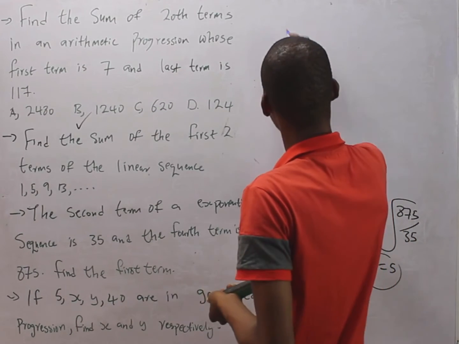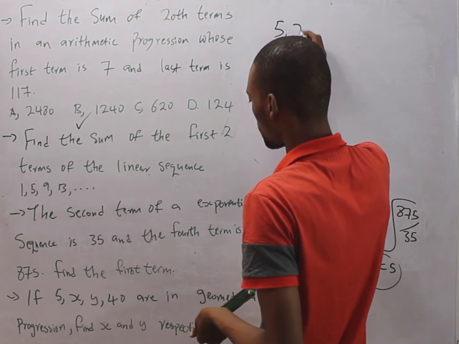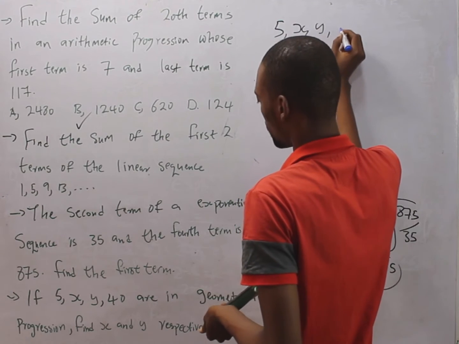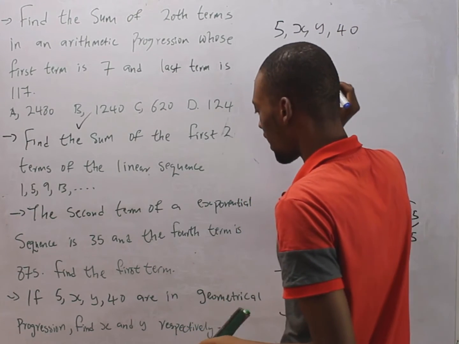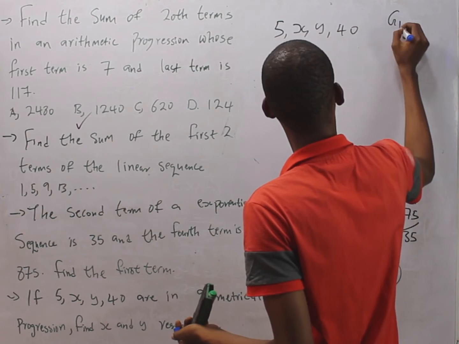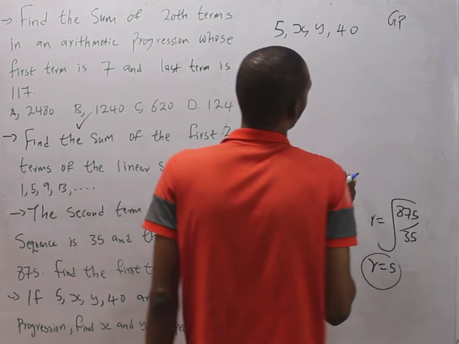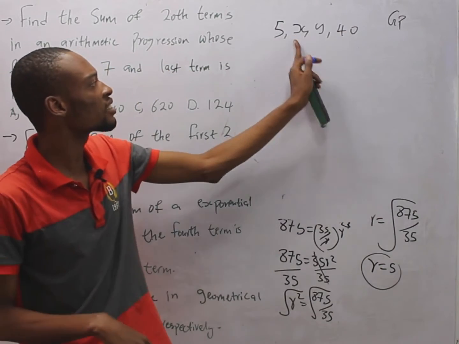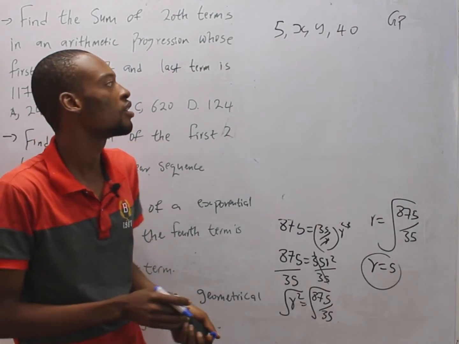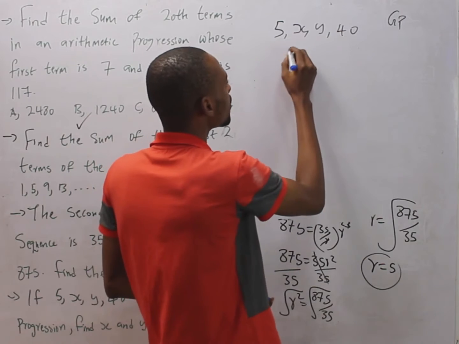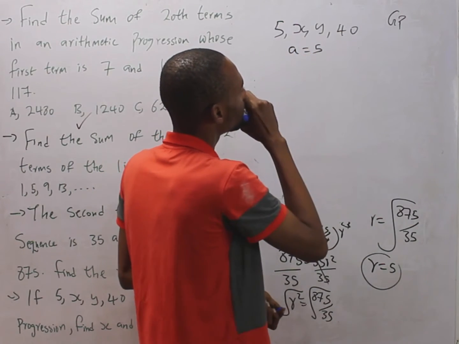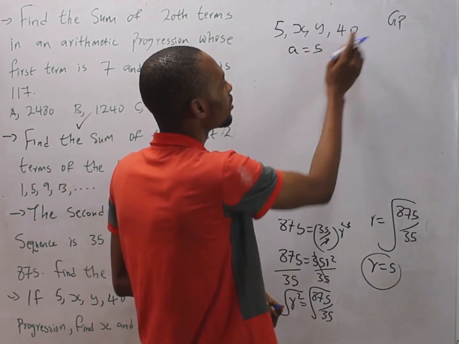If 5, S, Y, and 40 are in geometric progression, that is GP, find S and Y. What does this mean? Find the second and the third term. The first term a is 5. The fourth term is 40.